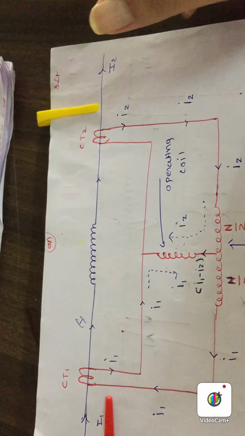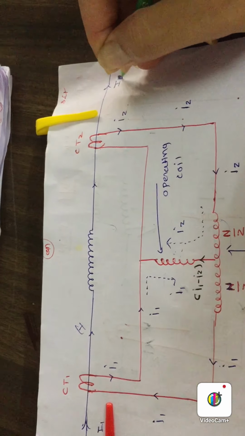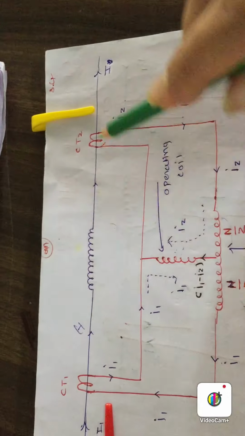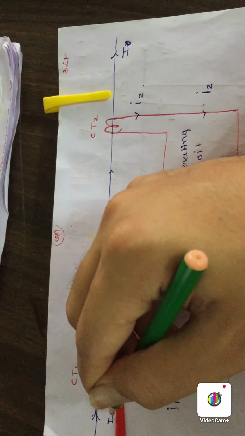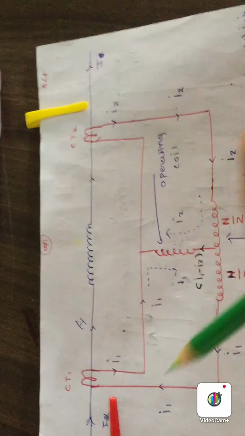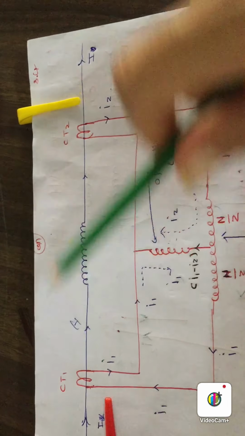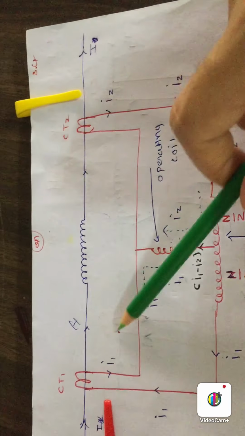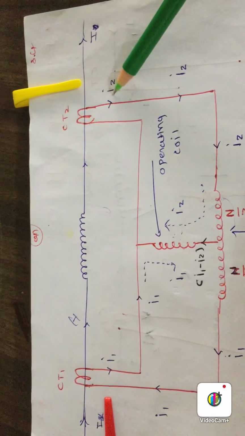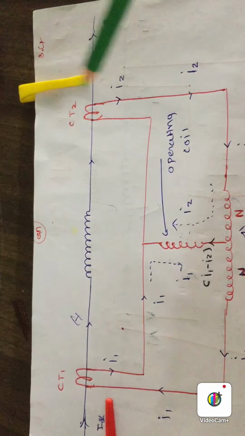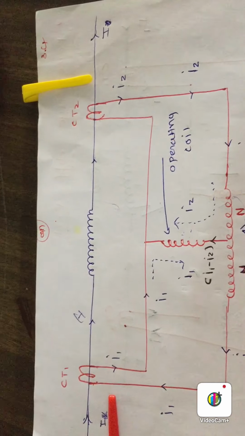Here only I is available because this current is the same. So if CT1 and CT2 have the same ratio, then I1 and I2 both will be the same in normal condition, same as simple differential protection.